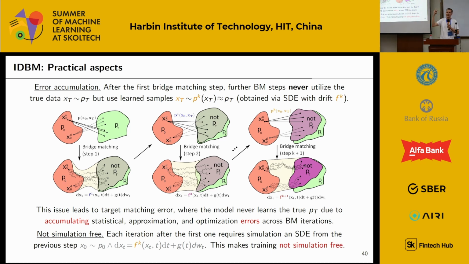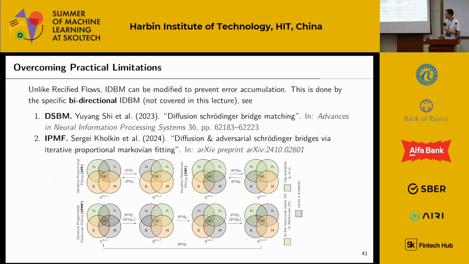Second limitation is the error accumulation, just as in rectified flows. But unlike rectified flows, this procedure has a theoretical extension, which is called bidirectional iterative Markovian fitting, or bidirectional iterative diffusion bridge matching, which actually solves all these problems and does not accumulate error, unlike rectified flows.